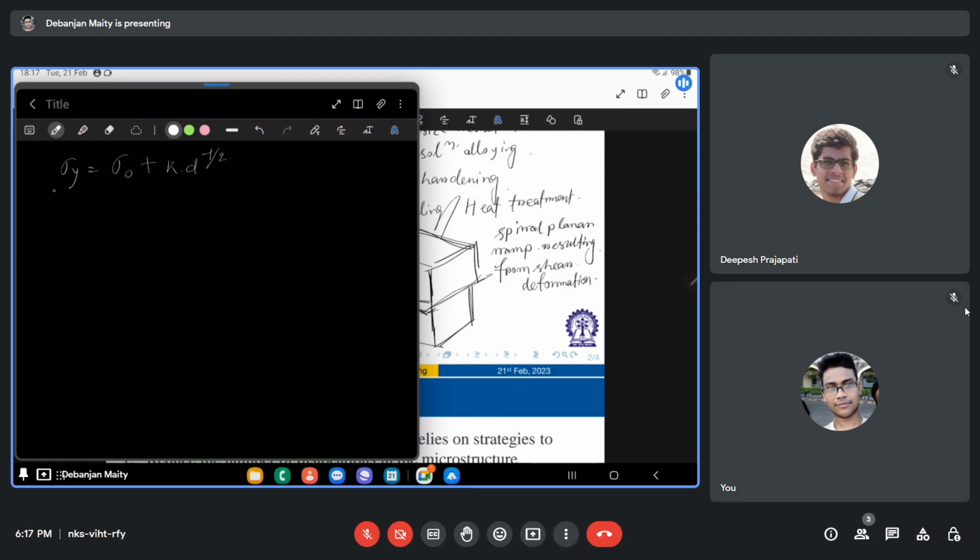Now what is sigma y? This is the yield strength of the material. Then sigma naught is the base metal yield strength, and d is the grain diameter.